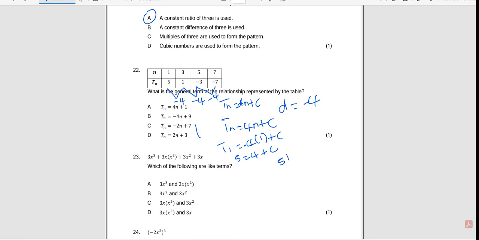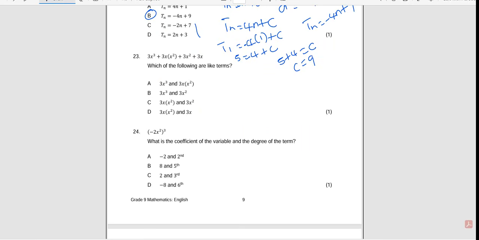It's going to be 5 plus 4, which is C. Therefore, my C is 9. Tn is going to be -4n plus 9. And the correct answer is B.